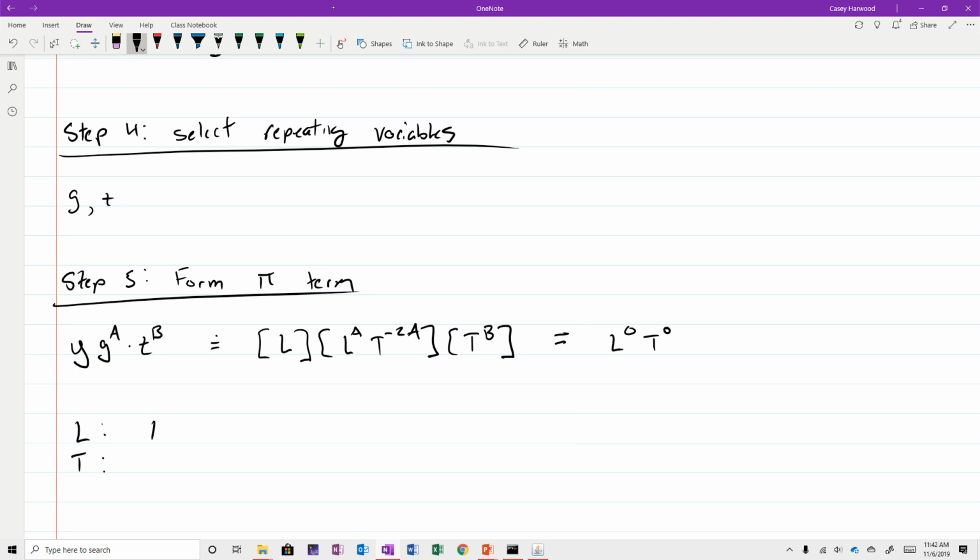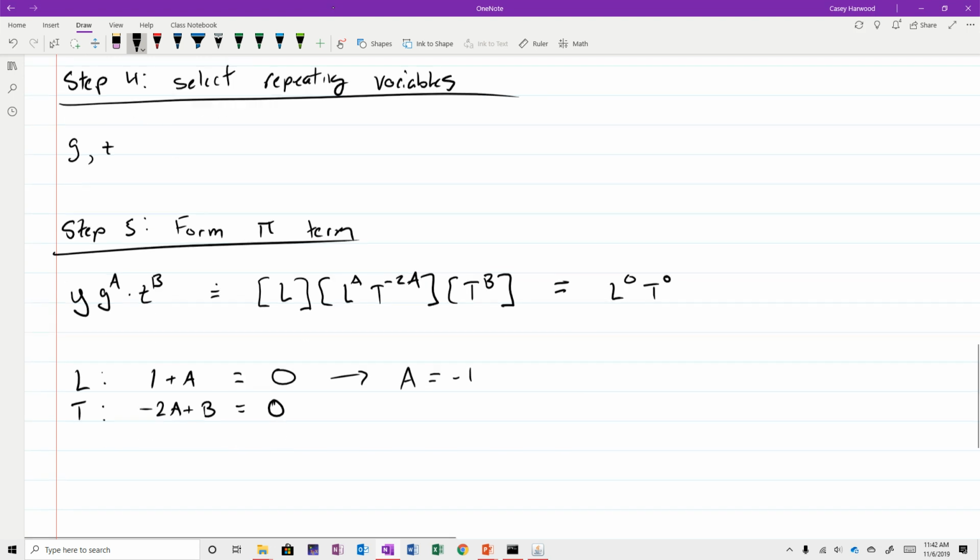So we get 1 plus a equal to 0, and for time, negative 2a plus b equal to 0. So a is equal to negative 1.